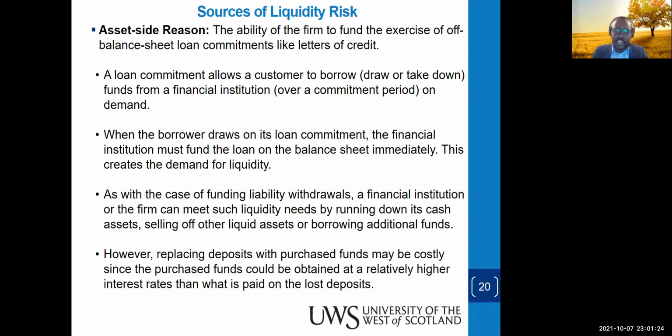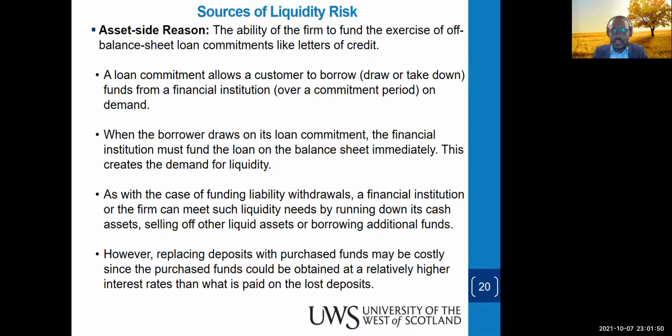Now, as in the case with liability withdrawals, the bank must run down its cash reserves to meet this demand. And anyone who goes to borrow from the bank is an asset to the bank because you are more or less a receivable. And receivables are assets to the bank. That's why we are talking of the asset side. So the bank must run down its cash to fund these assets, okay, the loan that the customer is taking.